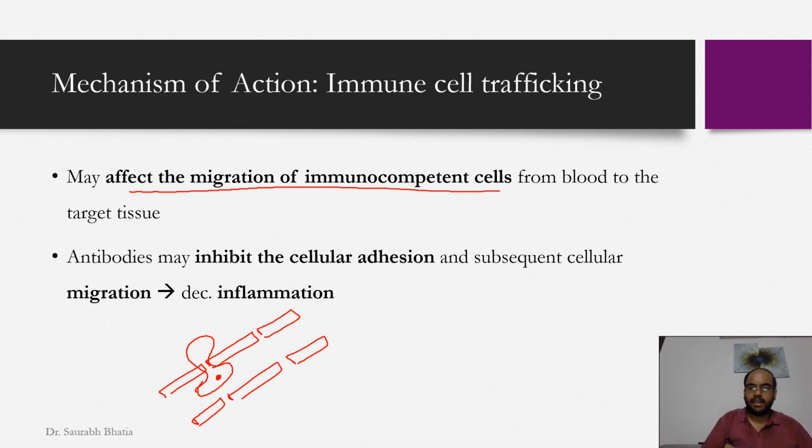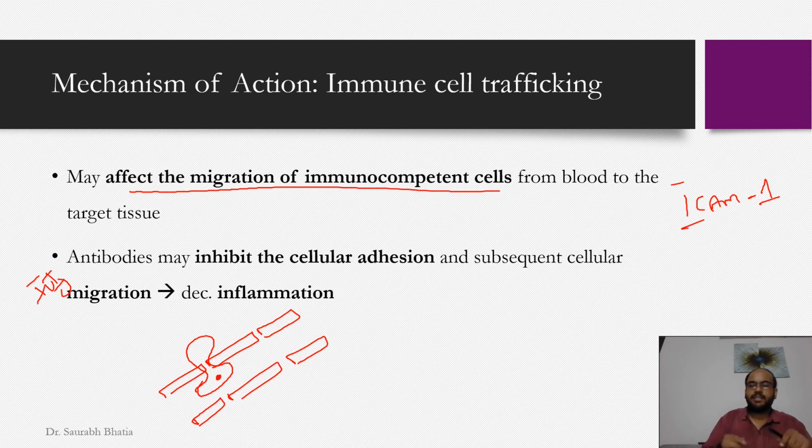IVIg reduces that. Predominantly, the reduction is through the reduction of ICAM1, which is intercellular cell adhesion molecule 1. Here, the antibodies mean IVIg. IVIg inhibits cellular adhesion and subsequent cellular migration, thereby decreasing inflammation.